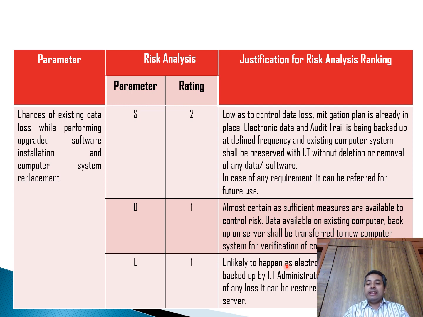In case of any loss, it can be restored from the final backup data server. So this is why the likelihood of occurrence ranking is given a score of 1. I hope you can understand about the identified risks, the parameter of risk and its scoring, and the justification for the scoring given to each of the parameters, that is severity, detectability and likelihood of occurrence.